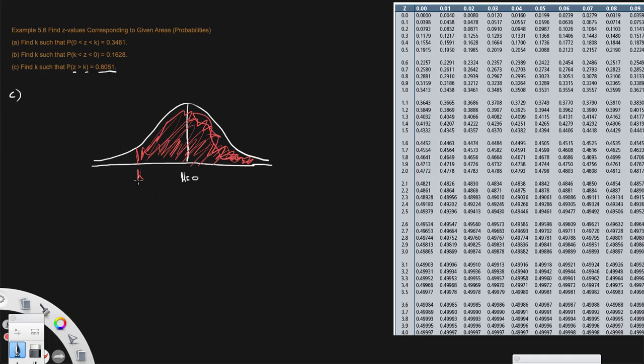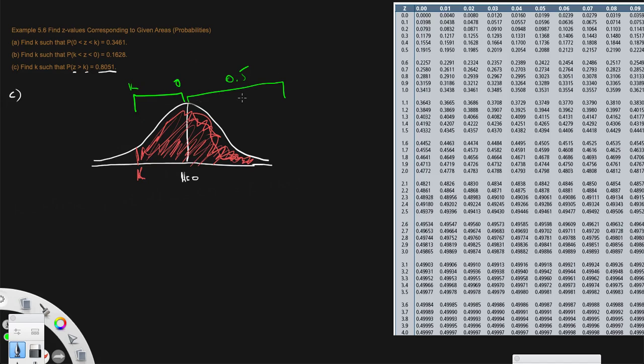Now, in order to find this k, we need to be cautious of something: we already know that this entire section is 0.5. So we need to figure out this part from 0 to k, because we already know this 0.5.